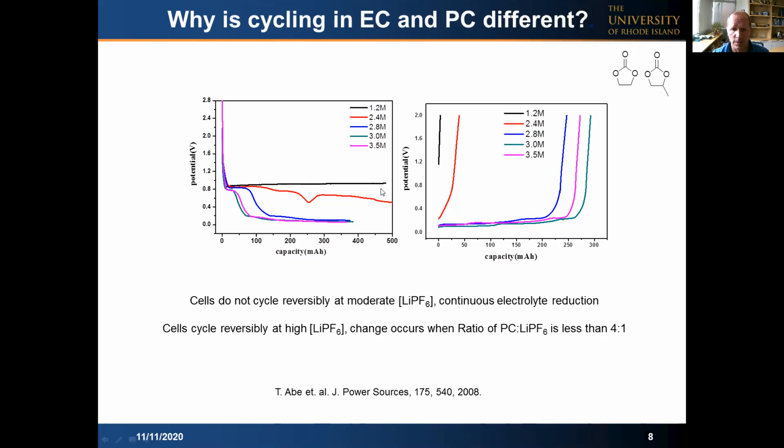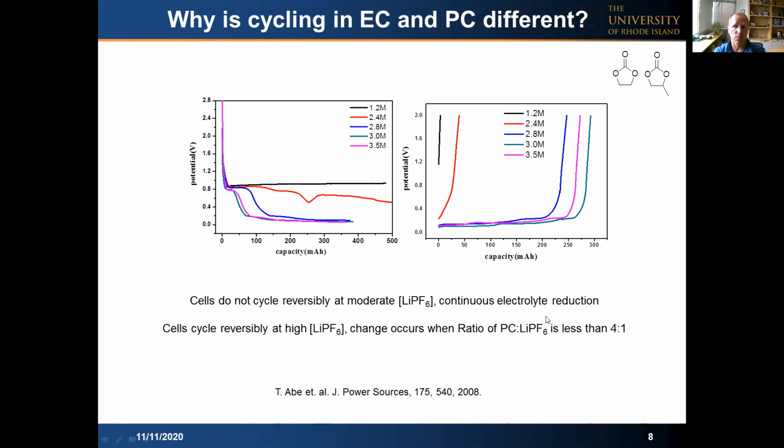Now, what was interesting was Professor Abe's research group back in 2008 published this very interesting study that showed that there was a concentration dependence. If you increase the concentration of the LiPF6 salt, instead of seeing continuous electrolyte reduction and continuous exfoliation of the graphite, you could get propylene carbonate-based electrolytes to both intercalate and then de-intercalate reversibly with lithium metal.